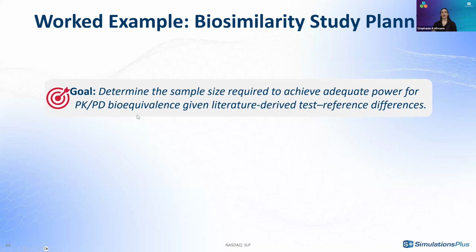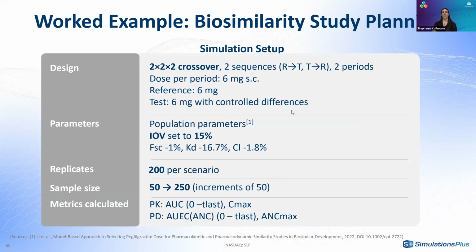So the goal is to determine the sample size required to achieve adequate power for PKPD bioequivalence given the literature-derived test differences. The simulation setup is almost the same as in the previously shown analysis.